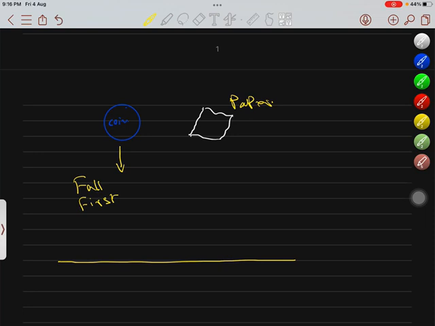So the paper will start falling with terminal velocity, and once an object gains terminal velocity, there will be no further increase in its velocity. So the paper will move slowly, while the coin, since its weight is much larger than the paper, will continue to accelerate downward. That is why the coin will move faster and hit the ground quickly.